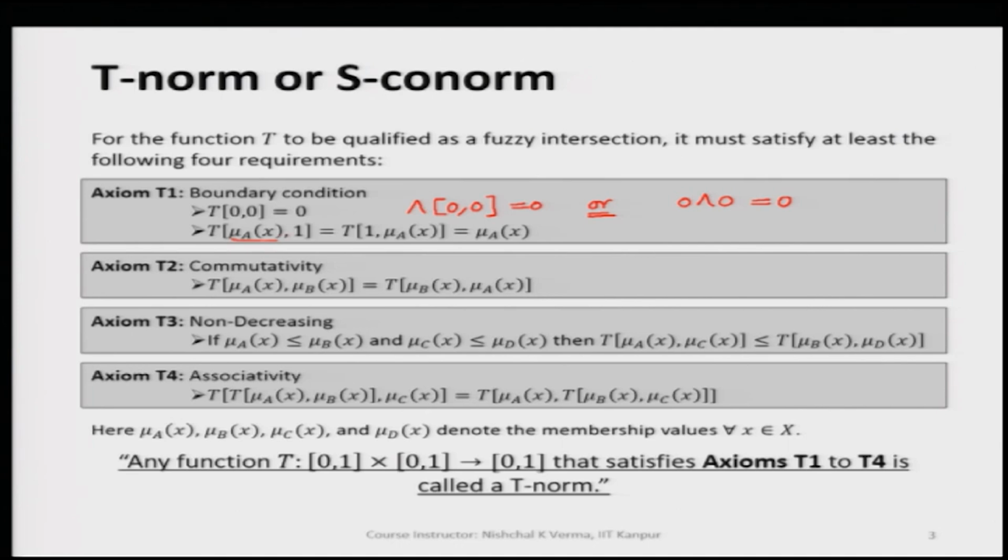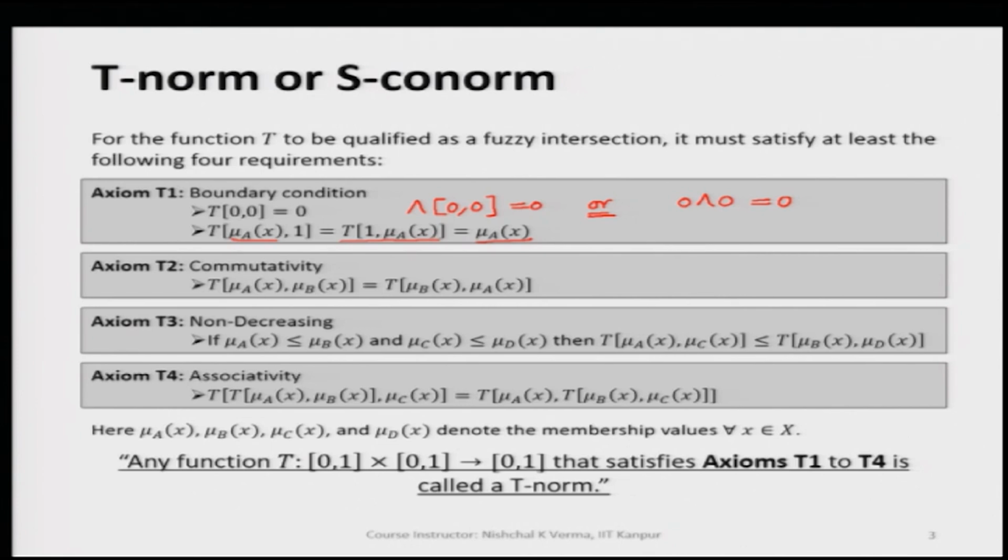If we apply the T norm on these two, this is going to give us mu A of x, and this can also be written as T of 1 comma mu A of x.